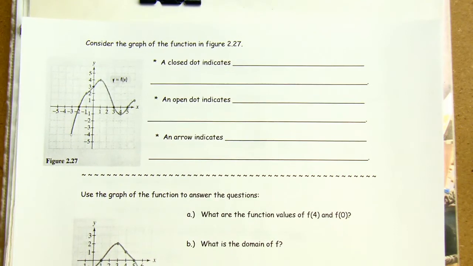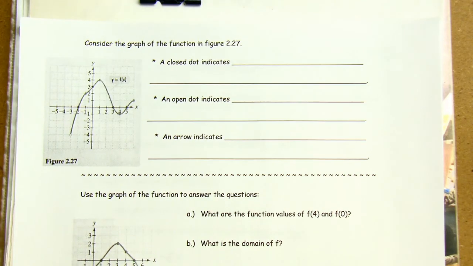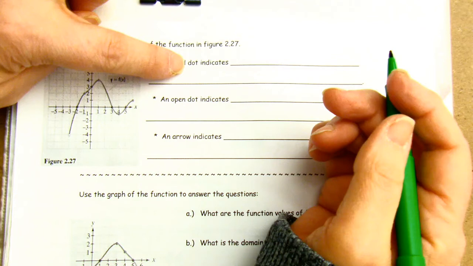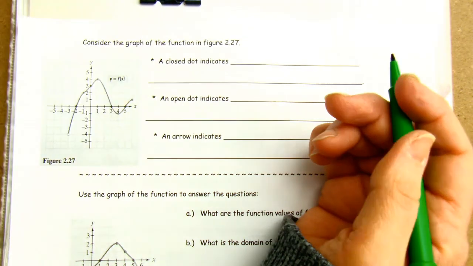All right, at the top of the page. Consider the graph of the function in figure 2.27. This diagram right here is figure 2.27. And it's asking us to tell what a closed dot versus an open dot versus an arrow indicates.